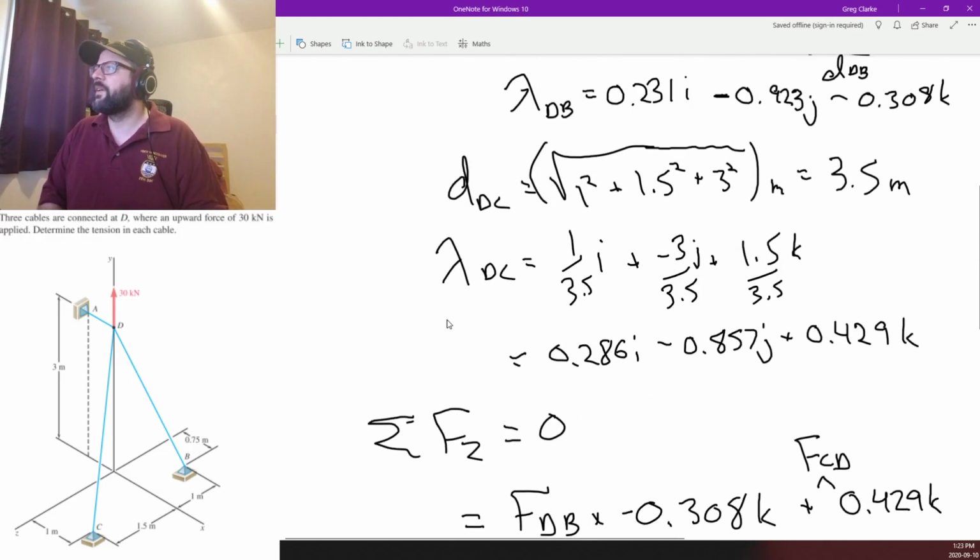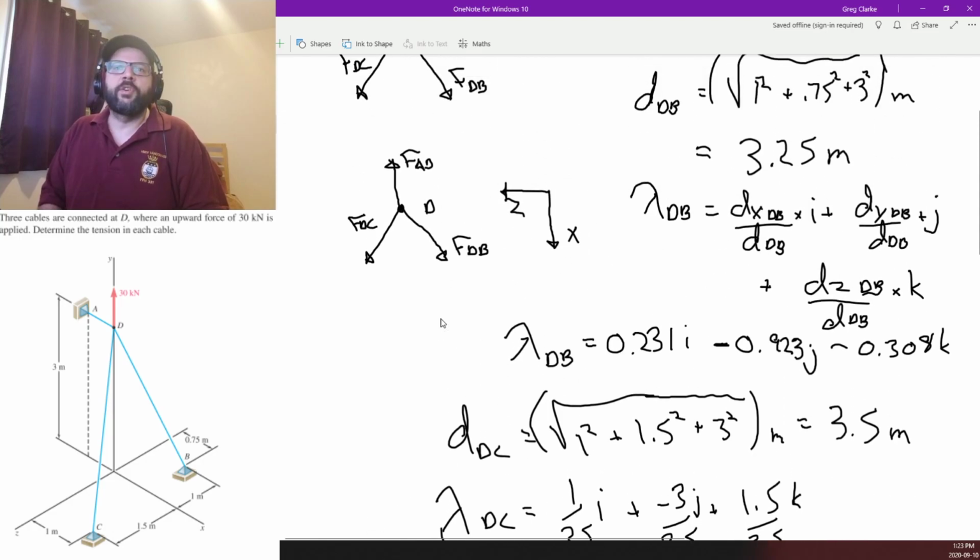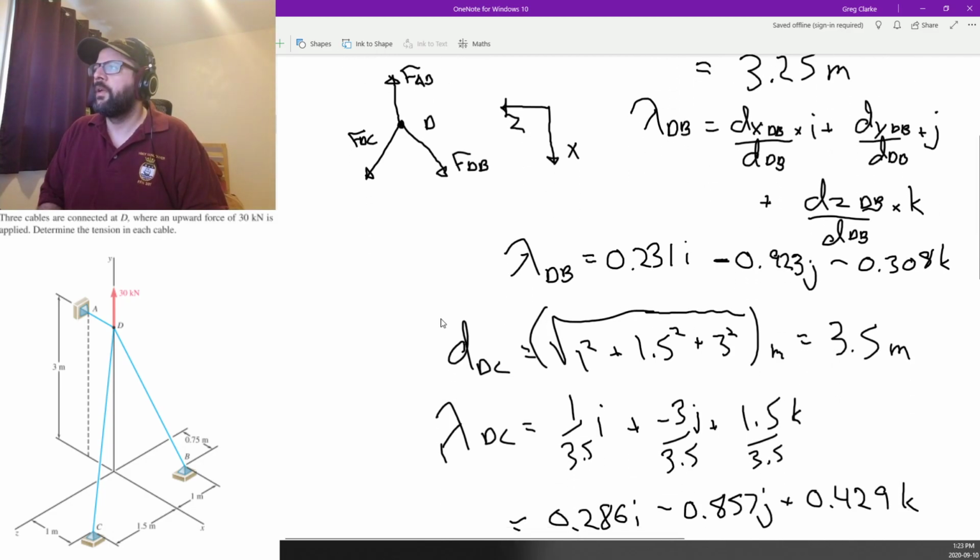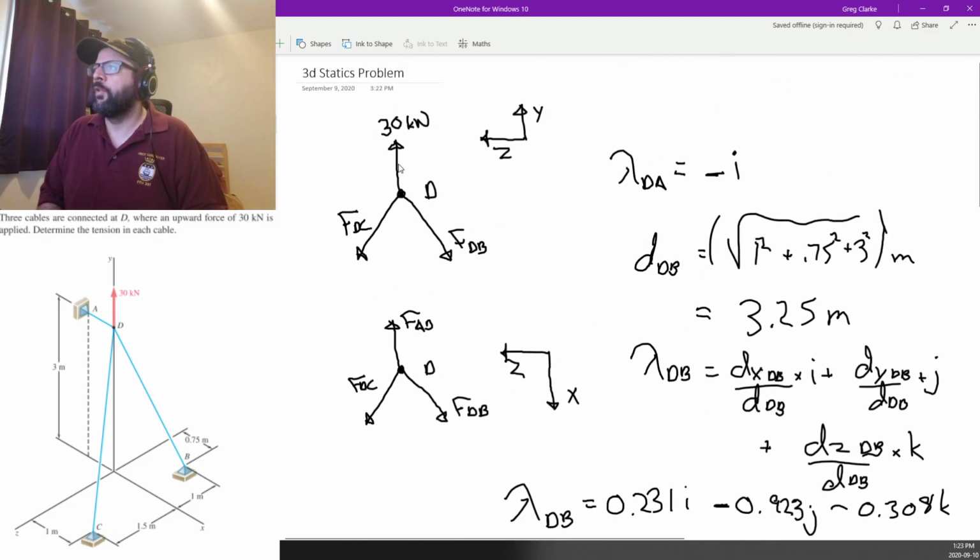Well, next thing's next. What's the other direction that we can start figuring out the relationships for? Well, if we know what the upward force in the y direction is, then we can use that to solve for both FDC and FDB.